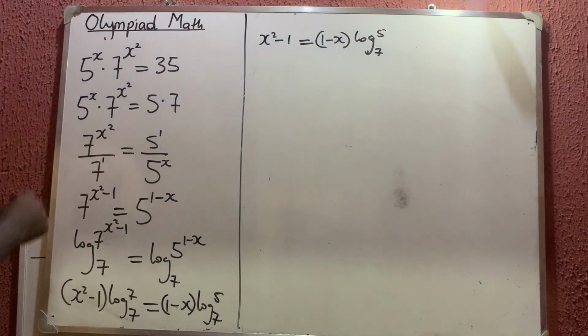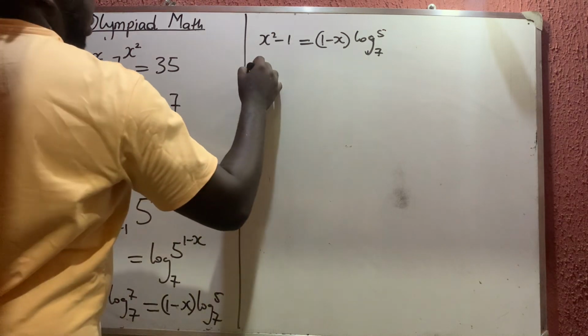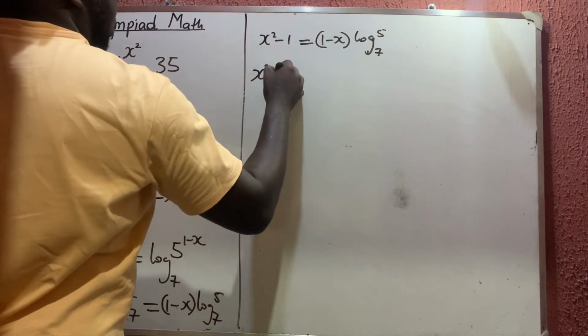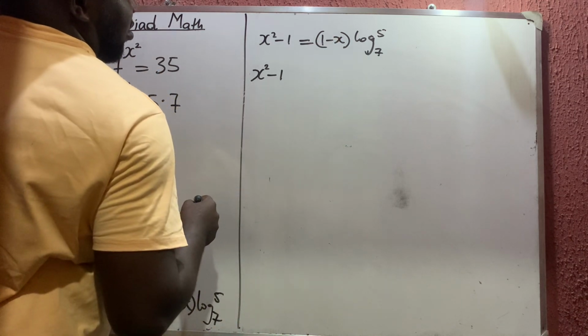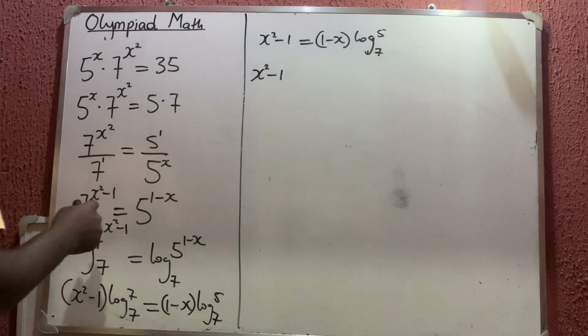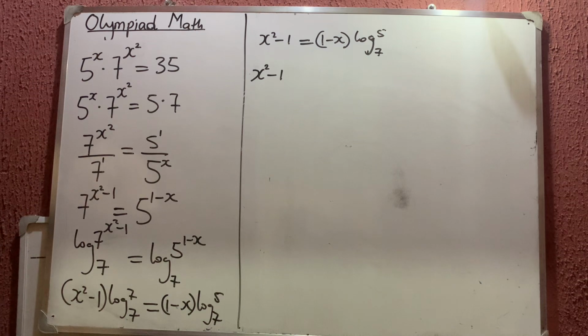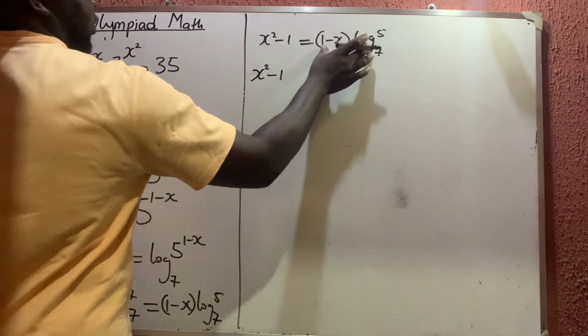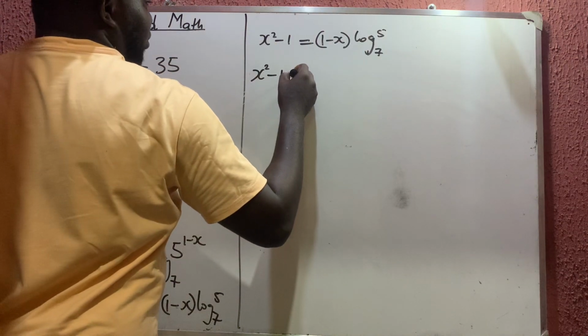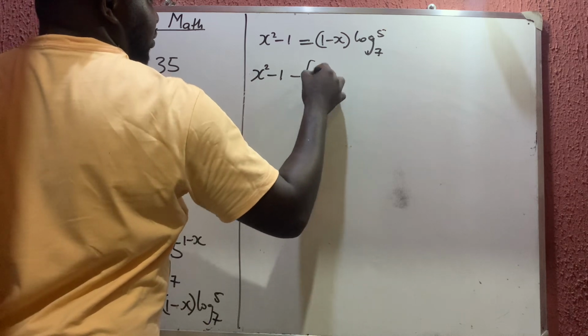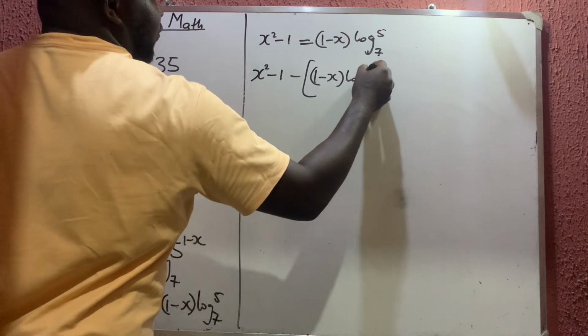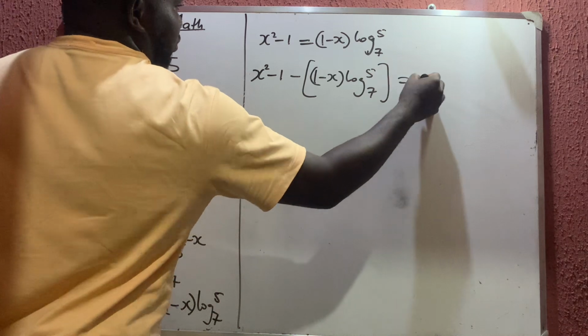Okay, so this is going to be x squared minus 1, and let me bring this to this side. I'm bringing these people to this side. It's going to be minus into 1 minus x, then log 5 base 7 is equal to 0.